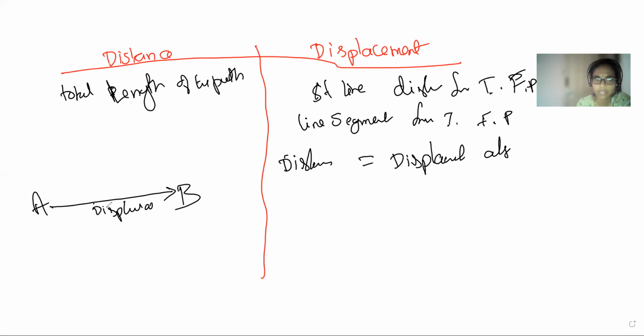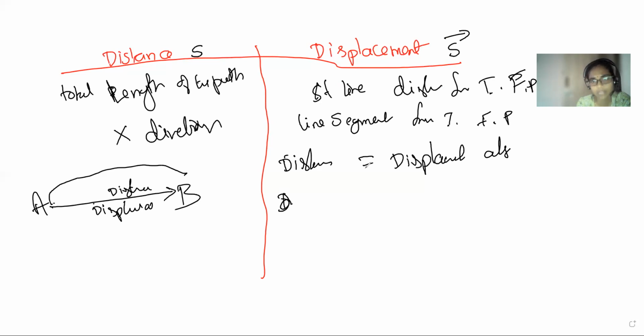Let us take the distance symbol as S and the displacement symbol as S bar. Distance does not depend upon direction, and displacement depends on direction.